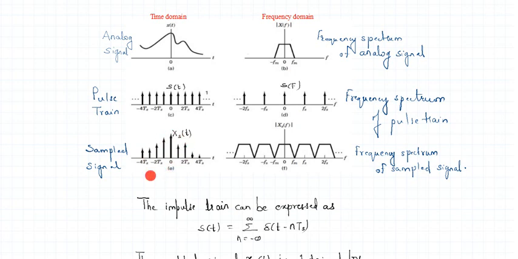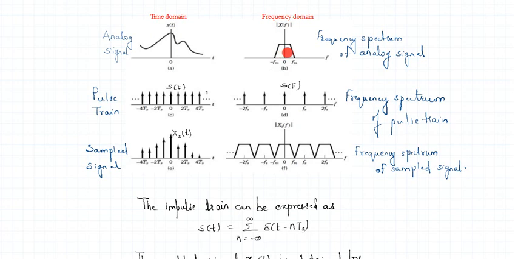Now let us look at the frequency spectrum of the signal. For the given CT signal, let us say that this is its equivalent frequency domain representation. This is the frequency spectrum of your CT signal obtained by applying the Fourier transform on the signal.